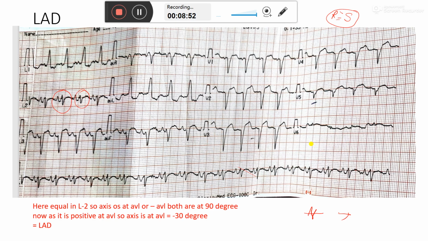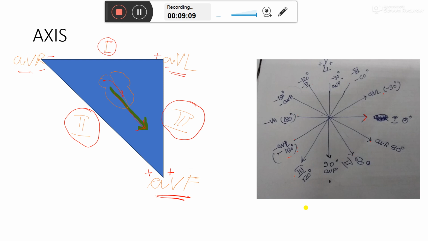So the axis may be placed at AVL or in the region of minus AVL.